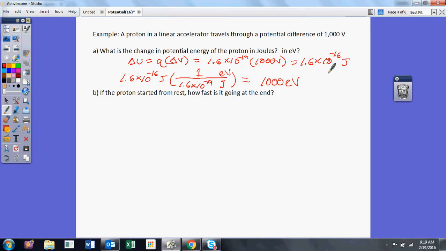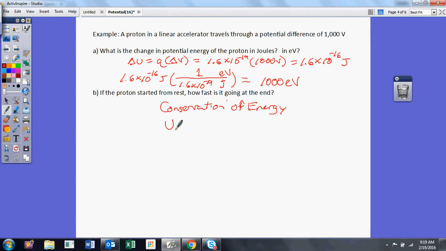Okay. Now, how fast is it going at the end of that? The whole idea was to accelerate the proton, so we're going to use conservation of energy. The law of conservation of energy says if we lose 1,000 electron volts, or 1.6 times 10 to the negative 16th joules of potential energy, it has to change into something else.